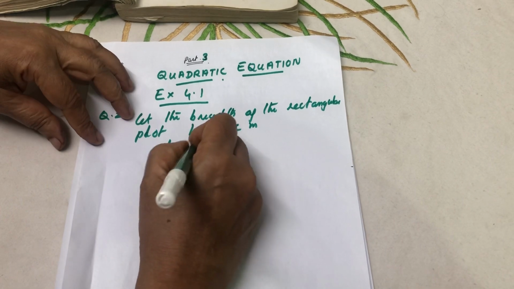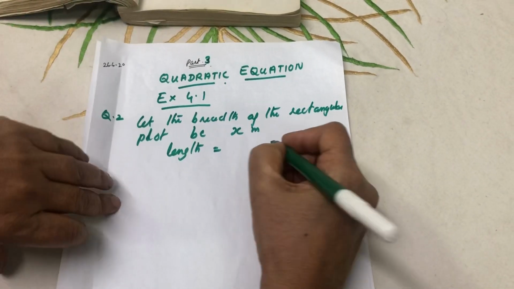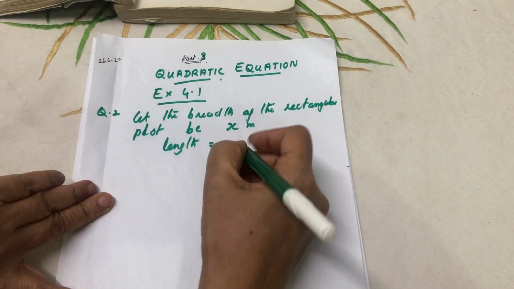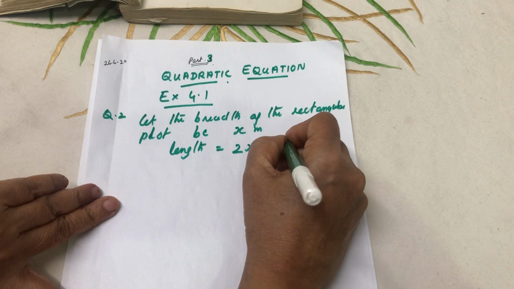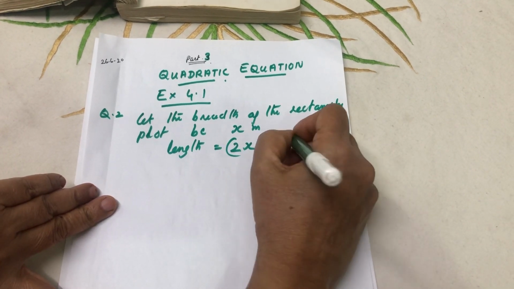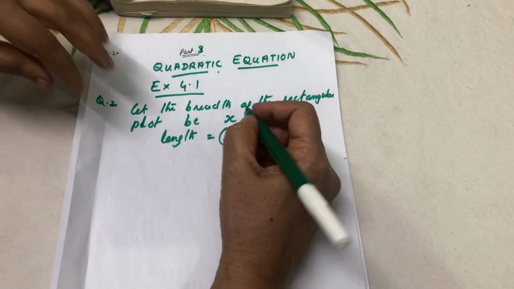Therefore the length is, it is given, 1 more than twice its breadth. Twice its breadth is 2x, 1 more is plus 1. So 2x plus 1 meter is the length and x meter is the breadth.